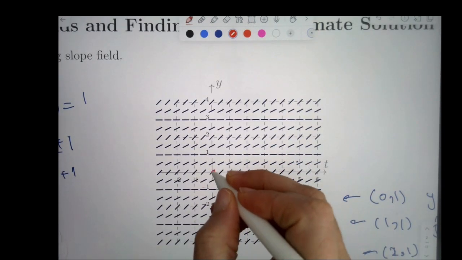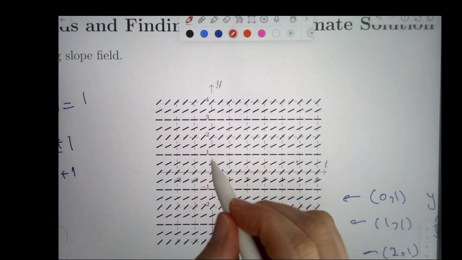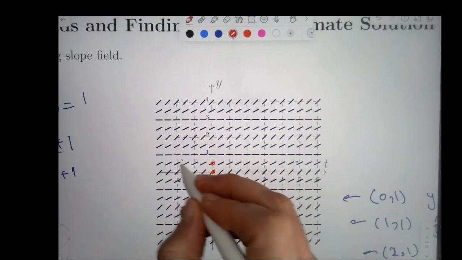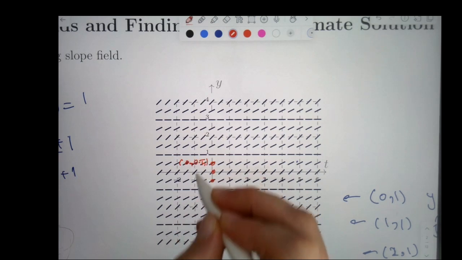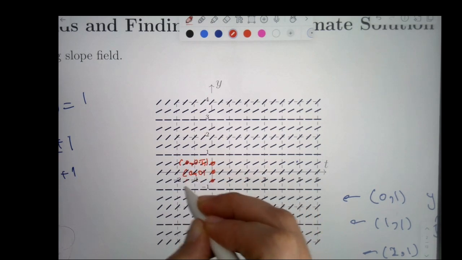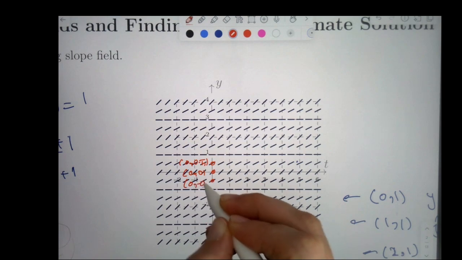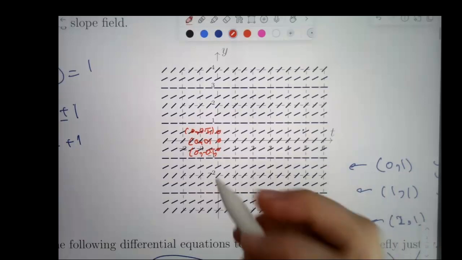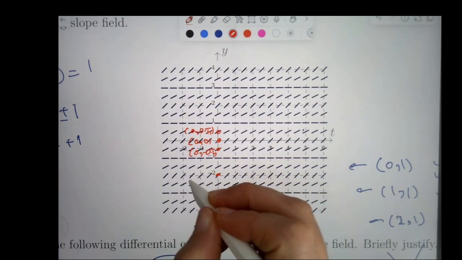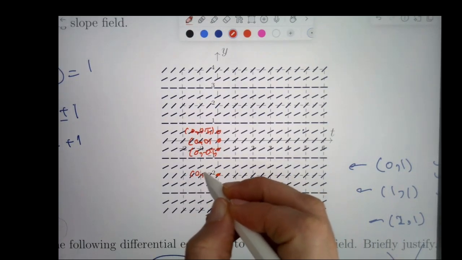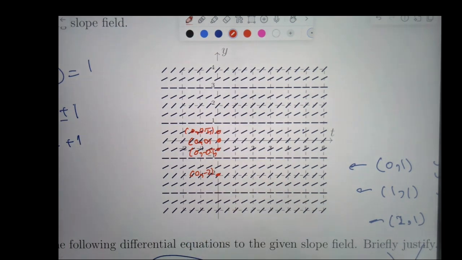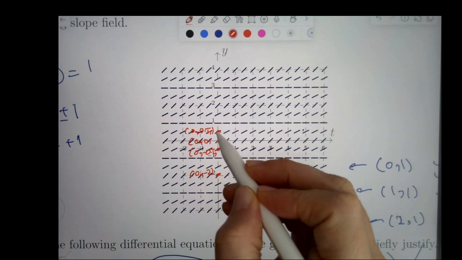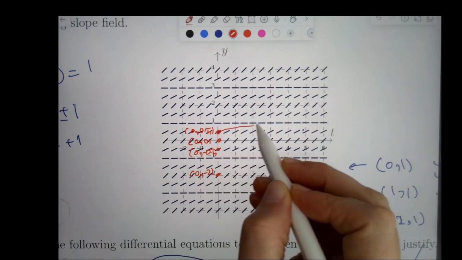One of them is 0, 0, the other one is 0, 0.5, then 0, negative 0.5. And the last one is 0, negative 2.